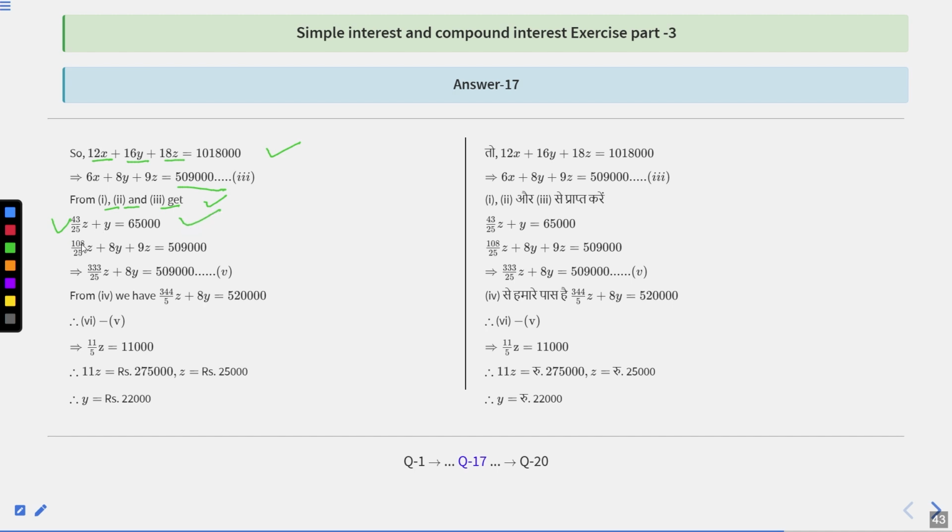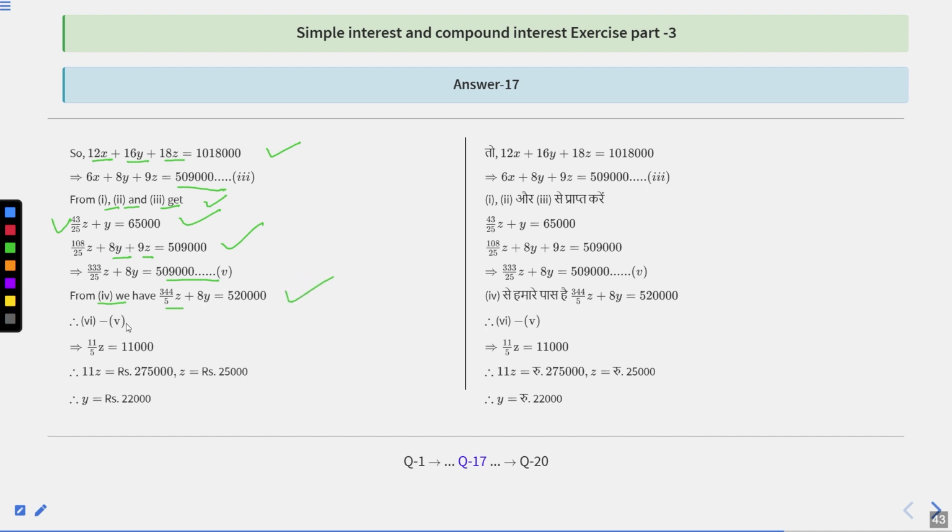Same way, 108 upon 25 Z plus 8Y plus 9Z equals 5,09,000. Clear? So when we calculate it, we get 333 upon 25 Z plus 8Y equals 5,09,000. From equation 4, we have 344 upon 5 Z plus 8Y, which equals 5,20,000.